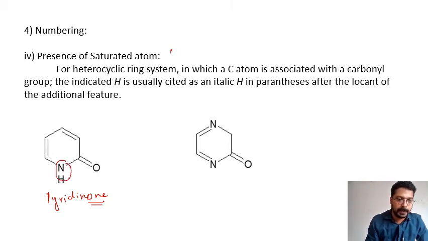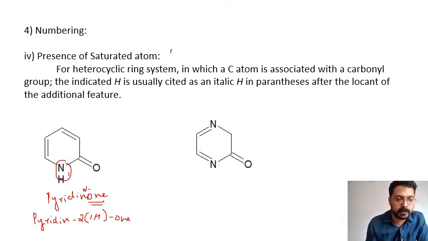The name will be pyridine-2-one, then after this you can write the position of the indicator hydrogen in parenthesis, that is 1. So pyridin-2(1H)-one.